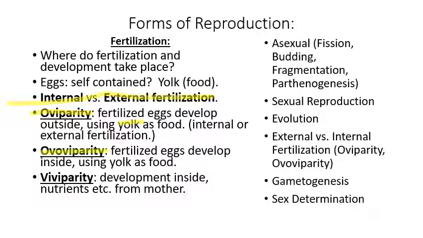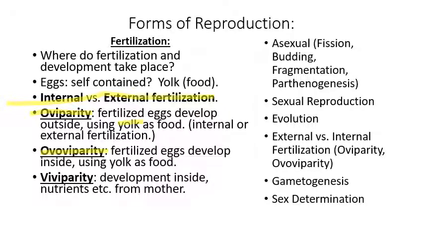Now, ovoviparity is where the fertilized eggs develop inside, but they're sort of disconnected from the mother. The mother retains the eggs, but she's not actually attached to them. So the eggs are inside the mother, but they're still using the yolk sac, or a yolk, as food.